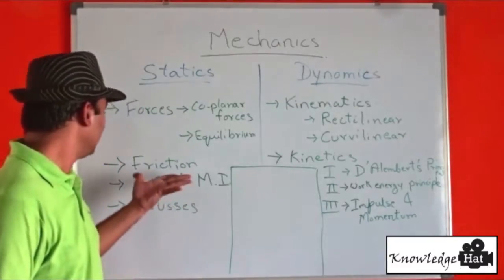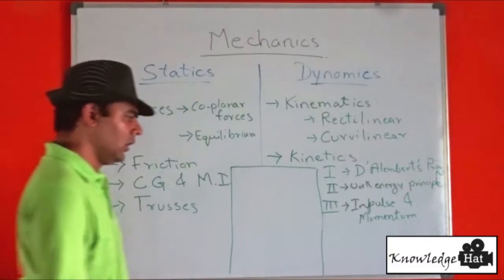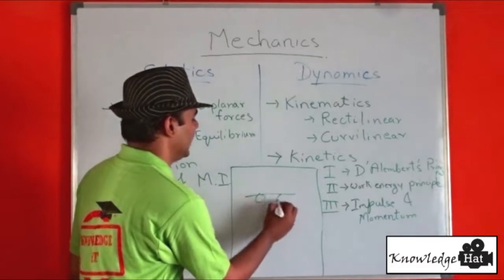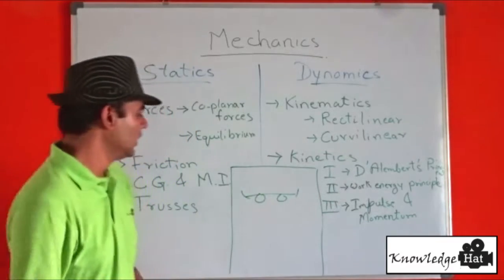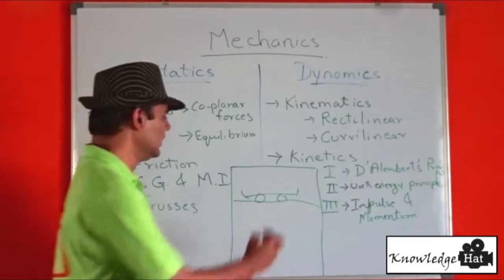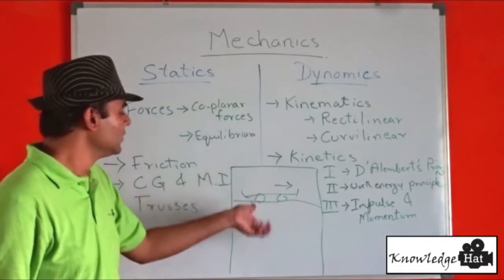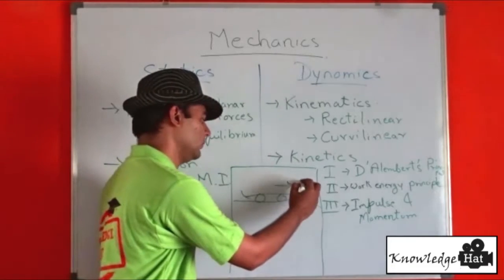The next chapter that we have under statics is friction. We have all seen skateboards and roller skates on a surface. If the surface is even, the velocity achieved by the person riding these boards is much higher.